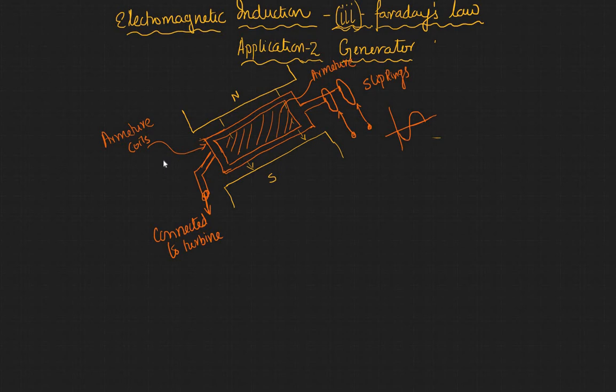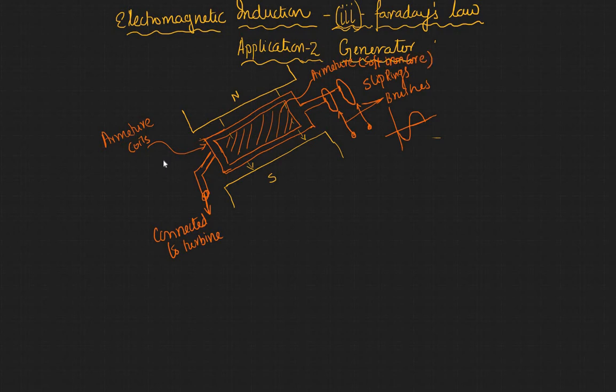By the way, I missed out on one of the labels here. These are your brushes, which touch the rotating part. And of course your armature is a soft iron core.